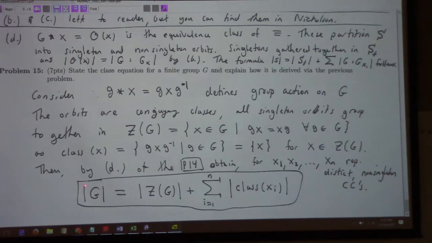And then, of course, the class equation, which is that the size of the group is the order of the center plus the sum over the non-singleton conjugacy classes, right? So if you told me, from the previous problem, that the fixer is the center, and that the action was conjugation, I was pretty happy with your solution.